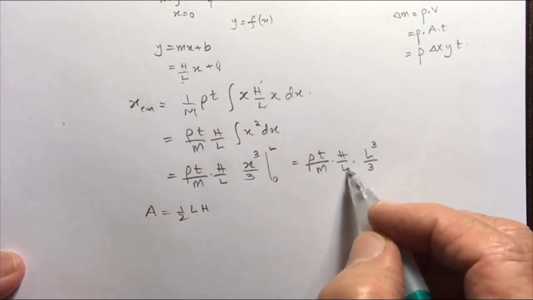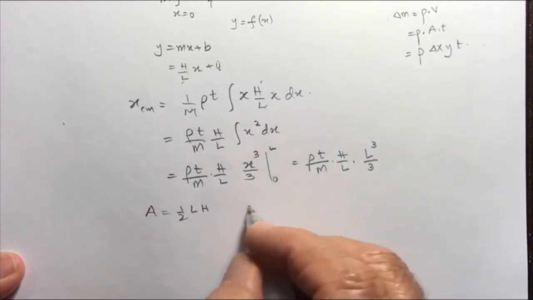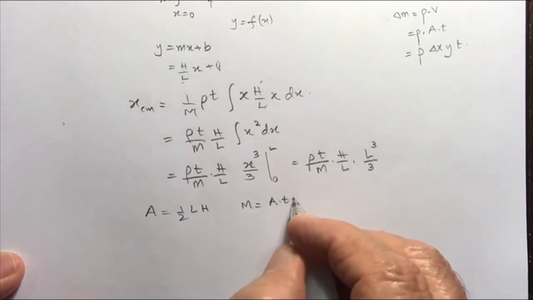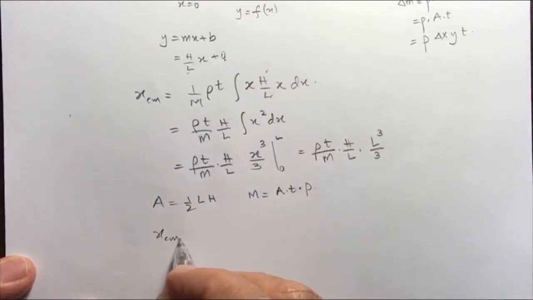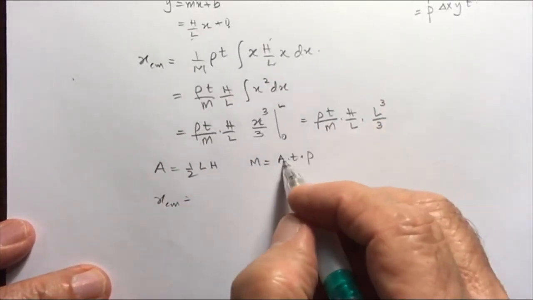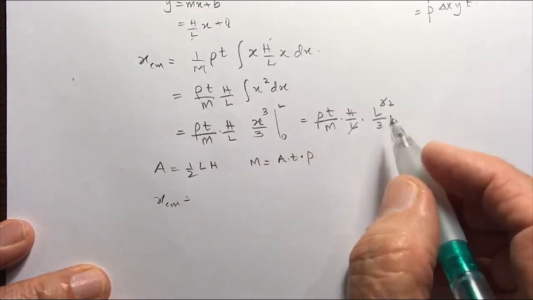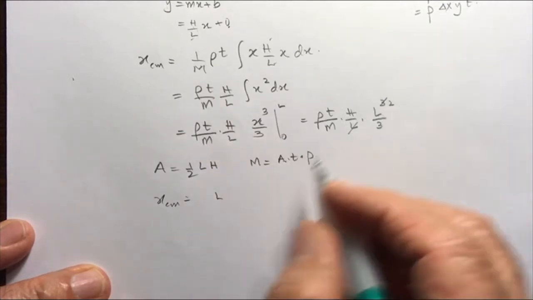So we can have the H and L here, and the mass is going to be area times thickness times rho. So let's rearrange this, and we get the x center of mass. Let's cancel out one of these L's, so we pick up one of these L's, and we're left with one L.